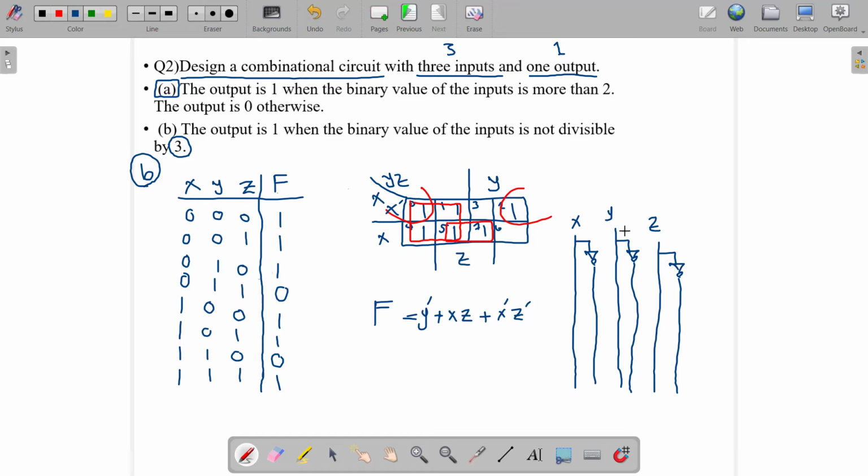Now after drawing the x, y, z, according to this function, we create the f. We have xz, x, z, x prime, z prime, and y prime.